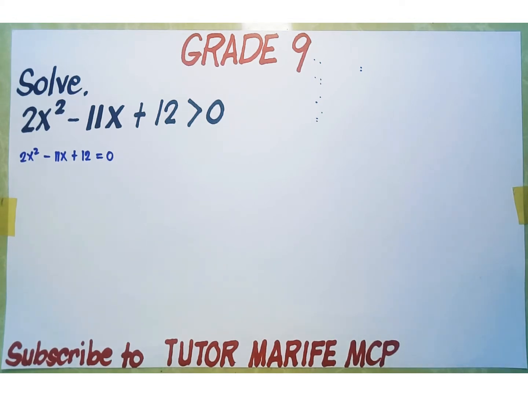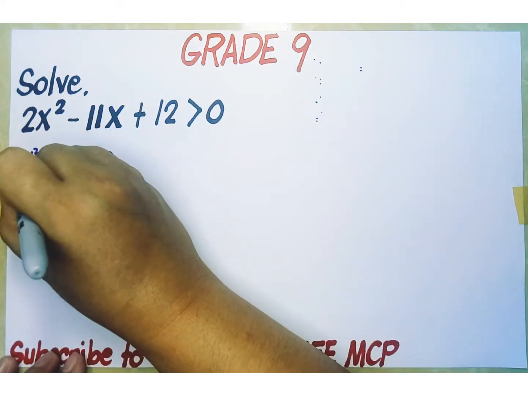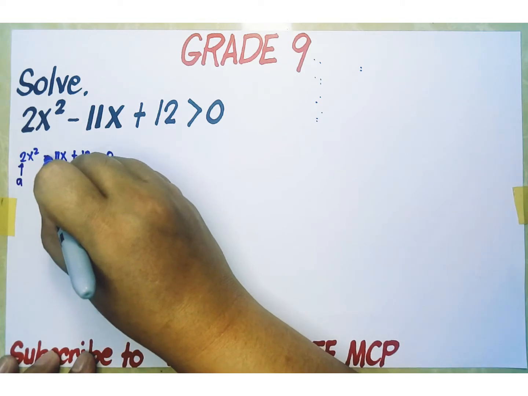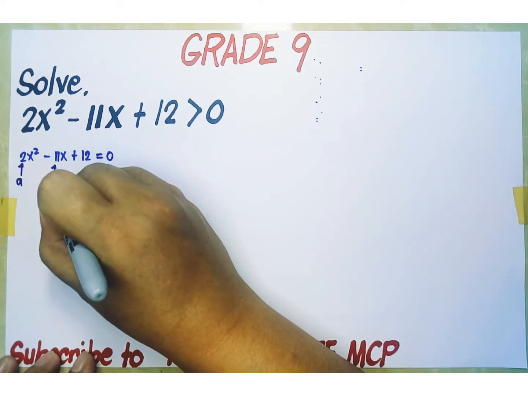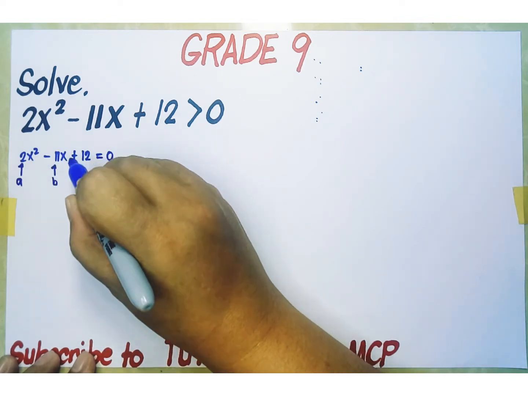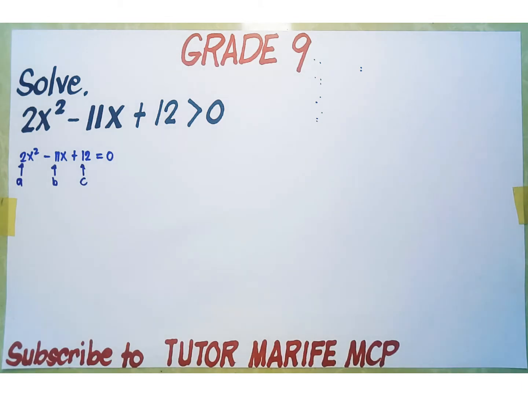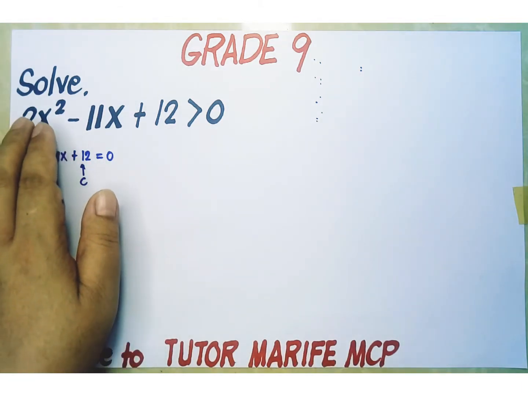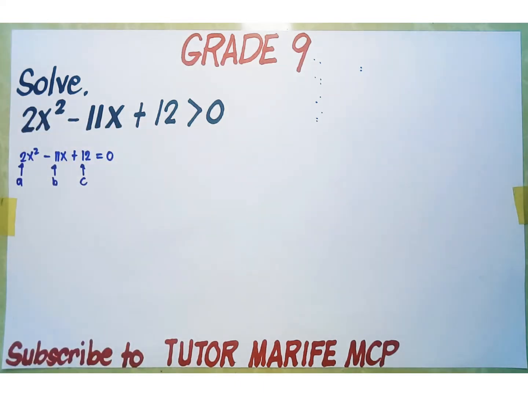Okay? So, this leading coefficient is the A. The middle coefficient is B. The constant term is C. Make sure your equation or your quadratic inequality is written in standard form.